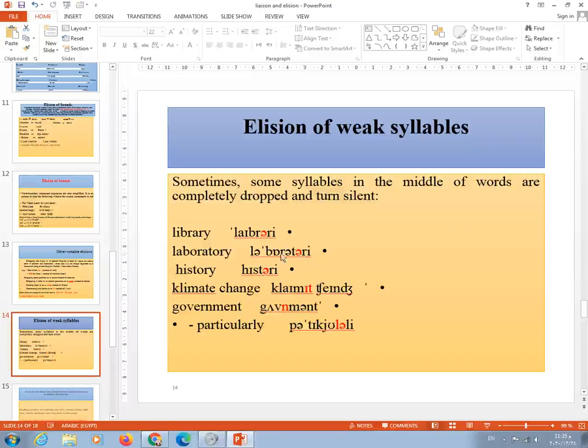Americans can pronounce this. Say laboratory. The stress falls on the second syllable. Okay. History. Hist and then ry. That's it. 2 syllables only.